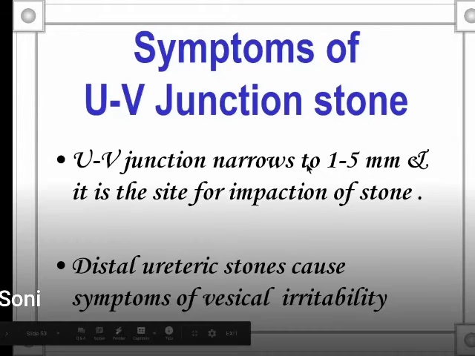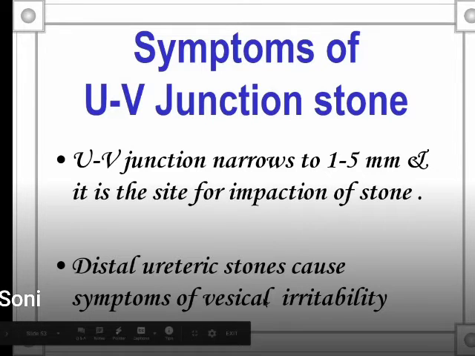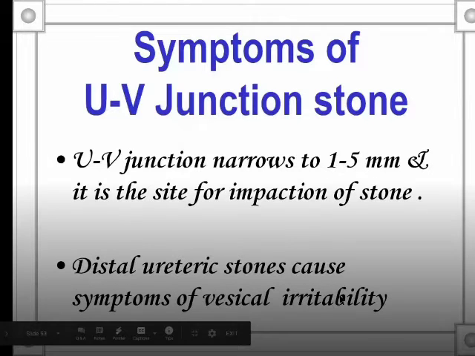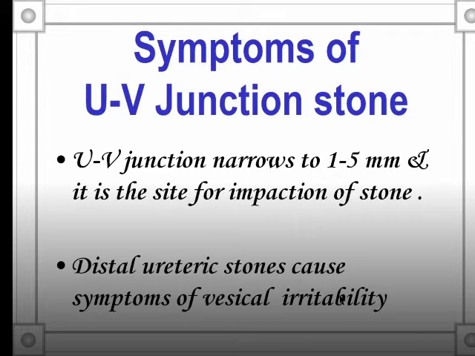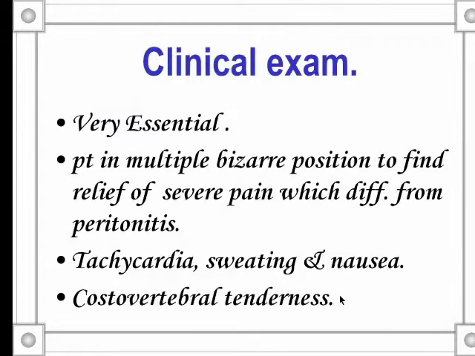Then it will cause hydroureteronephrosis, and it will manifest with symptoms of bladder irritability. And if it gets impacted, there may be superadded pyelonephritis infection, and the patient will have other symptoms of sepsis.